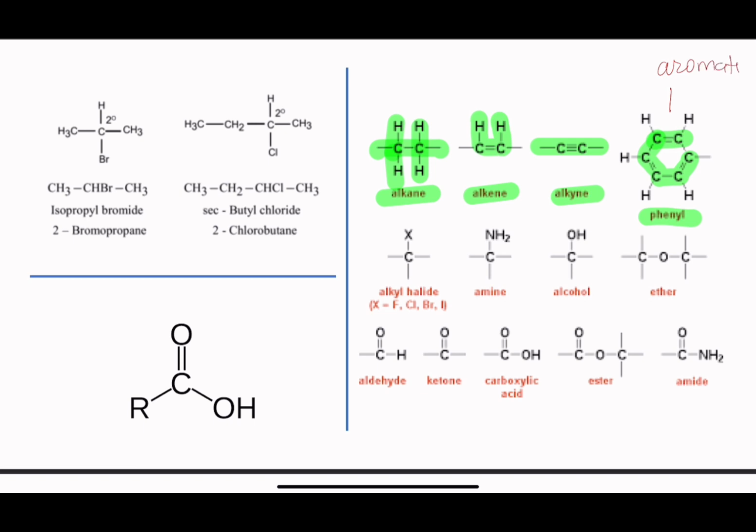Now these, if they're in a chain fashion, for example, CH3 here, and then CH2, CH2, CH2, CH2, and CH3, they are aliphatic. But this one in here is aromatic.